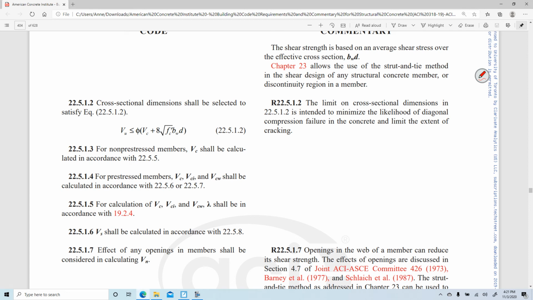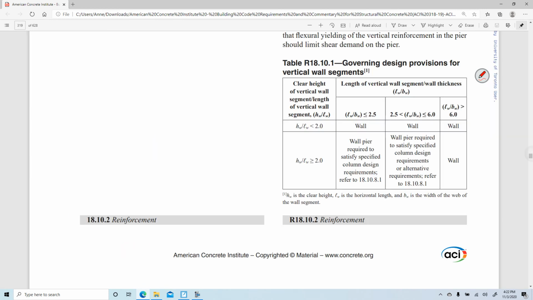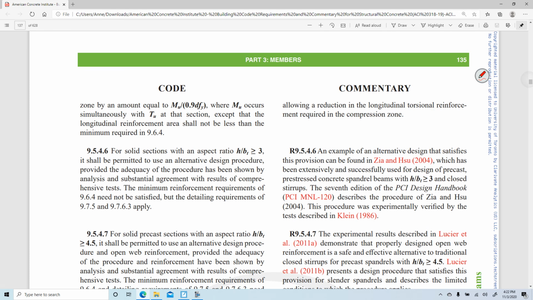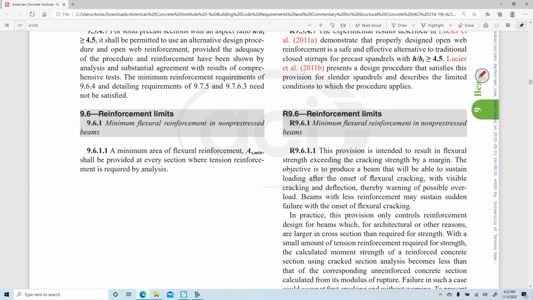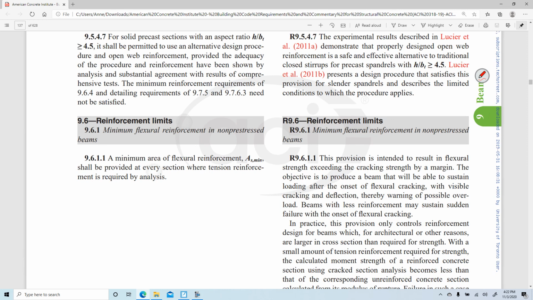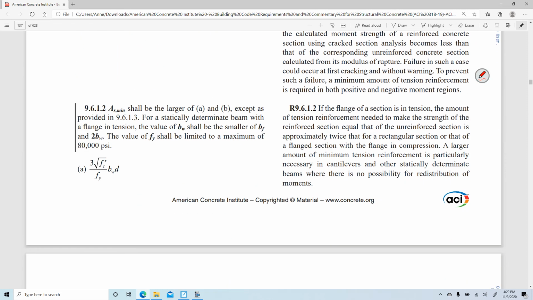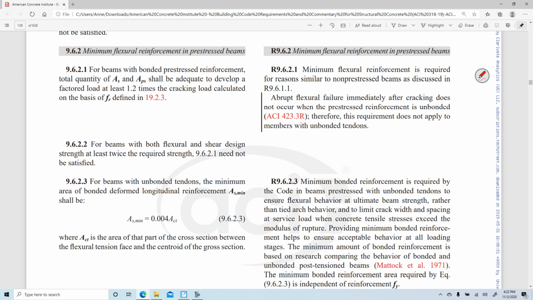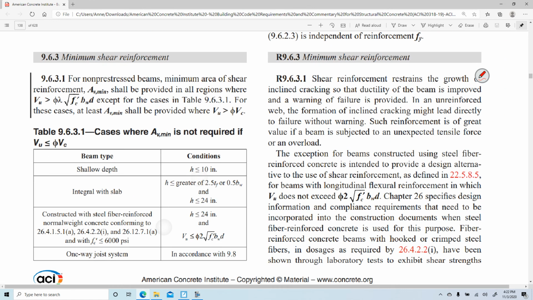Chapter 9 is all about beams, and reinforcement limits is 9.6. I need to be better about talking about what, because it feels like we're all over the board. Reinforcement limits is in chapter 9, and that's where we have our flexural reinforcement As min, and then Av min, which we just talked about.